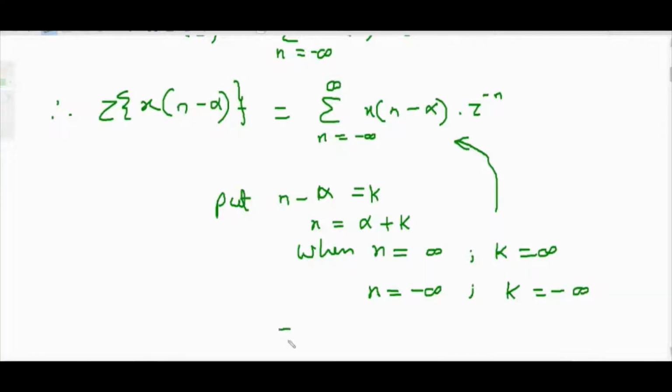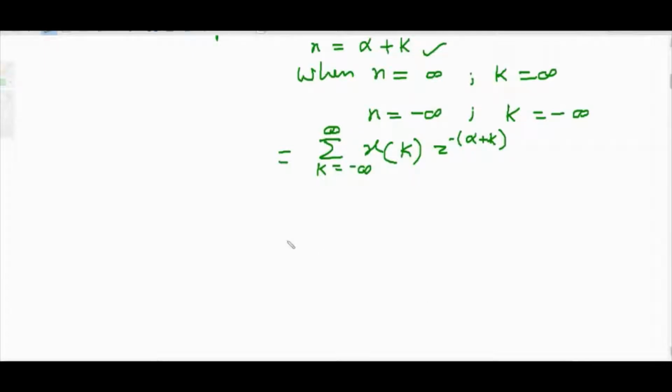So use this substitution in the equation. Our equation becomes summation k equals minus infinity to plus infinity x of k z raised to power minus n, which is alpha plus k. What is n? Alpha plus k. So this becomes summation k equals minus infinity to infinity x of k z raised to minus alpha minus k.